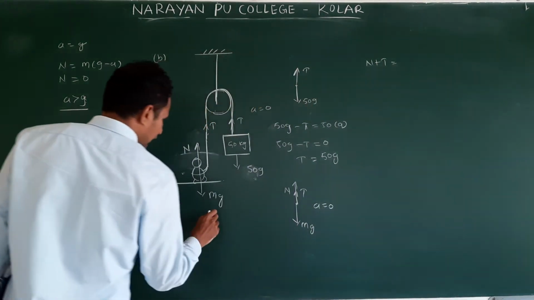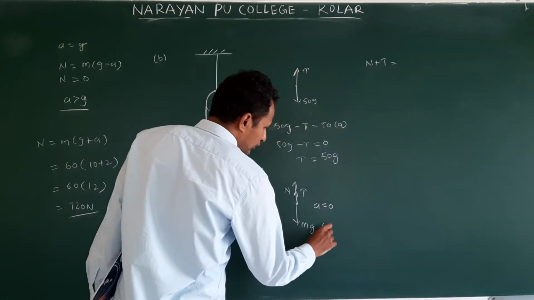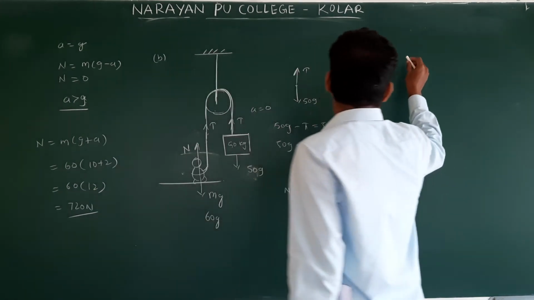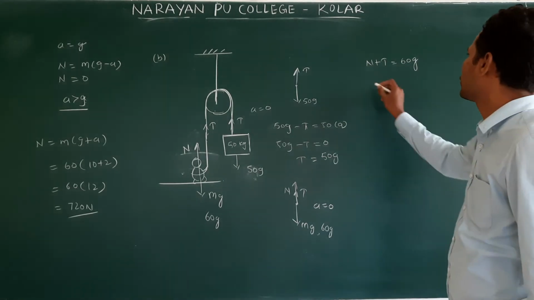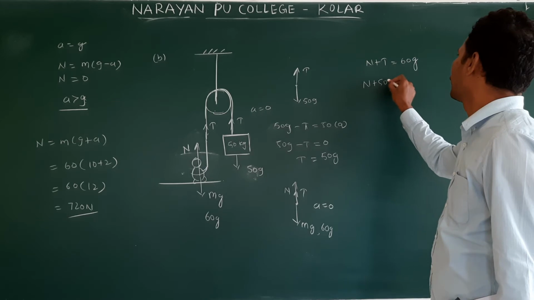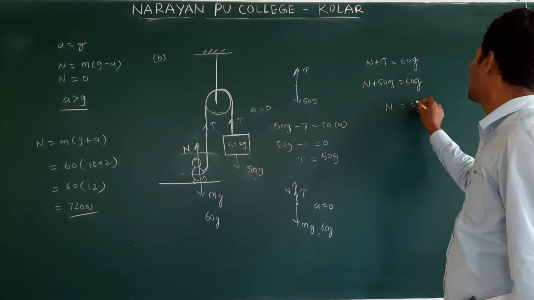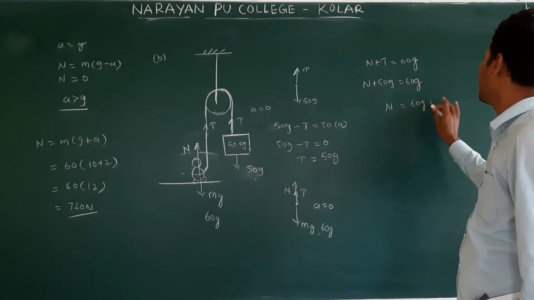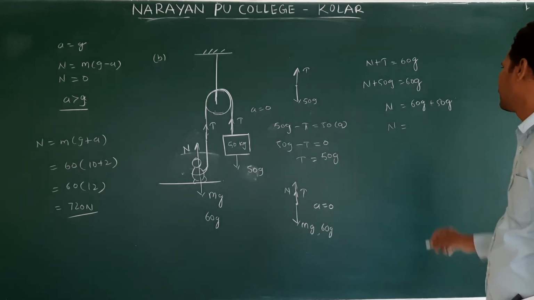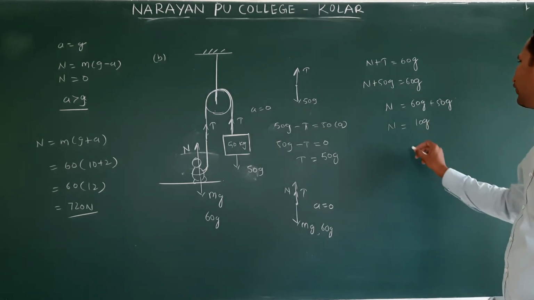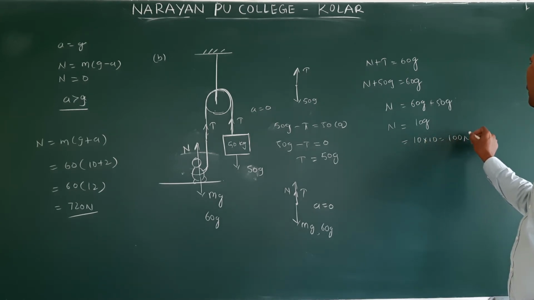So we can write 60g. Tension already calculated as 50g. So N plus 50g is equal to 60g. Then N is equal to 60g minus 50g. Clear? Then N is equal to what? 10g. G value, if you take it as 10, 10 into 10, it is 100 newtons.